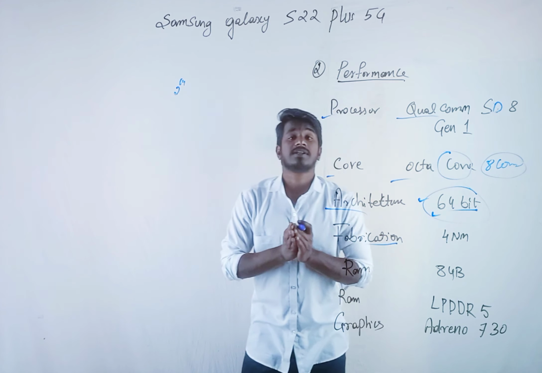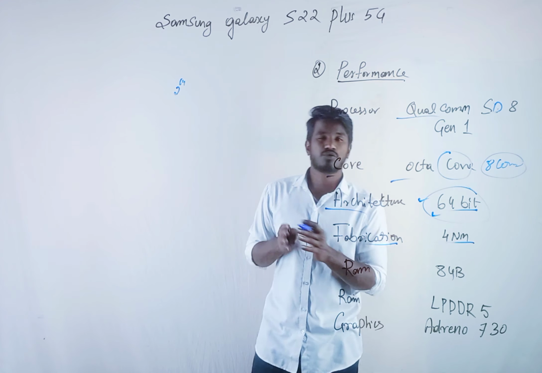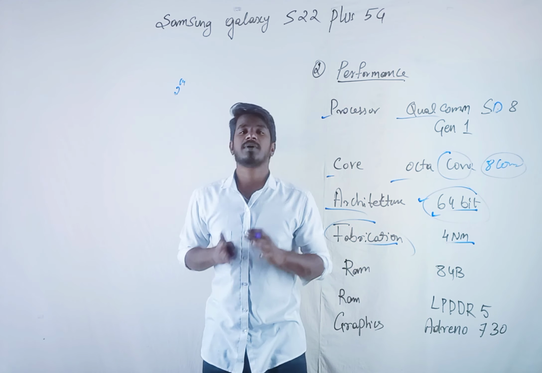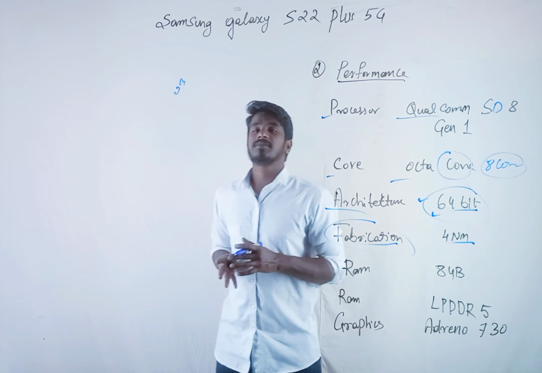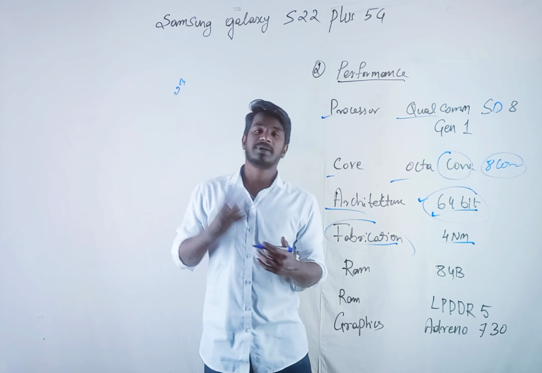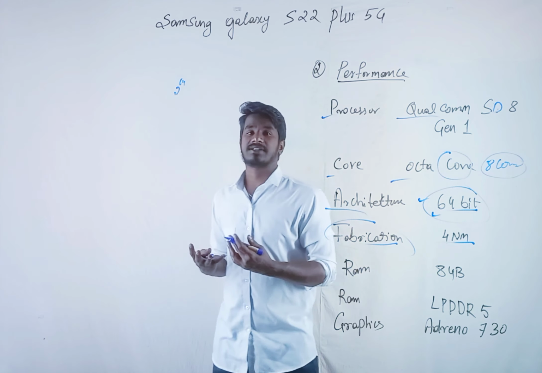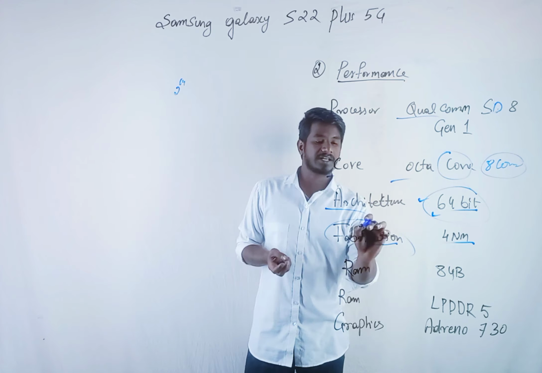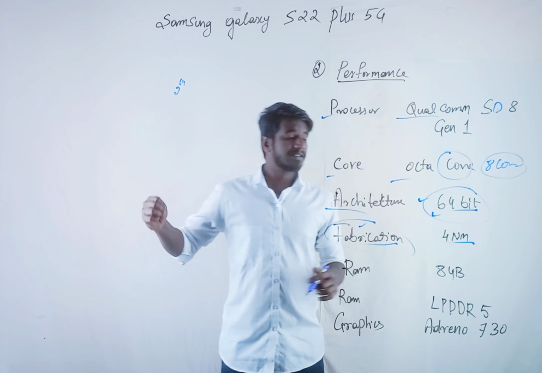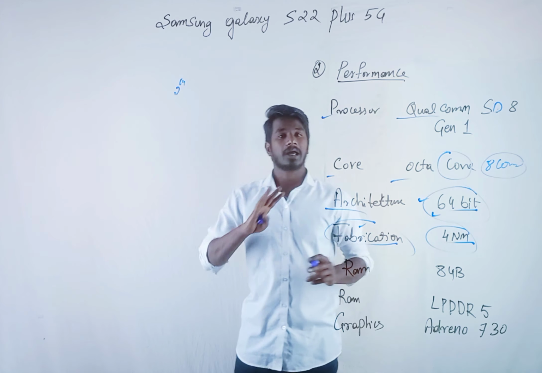Fabrication of this mobile is the best available in the market, that is 4nm. What do you mean by fabrication? Fabrication means how the chipset of this mobile is built, and what size and at what techniques. That is fabrication, right? It is the best fabrication available in the market, that is 4nm.